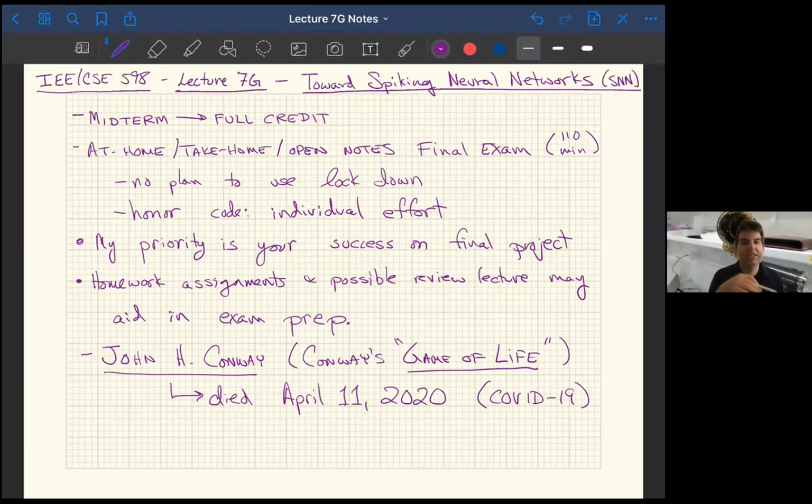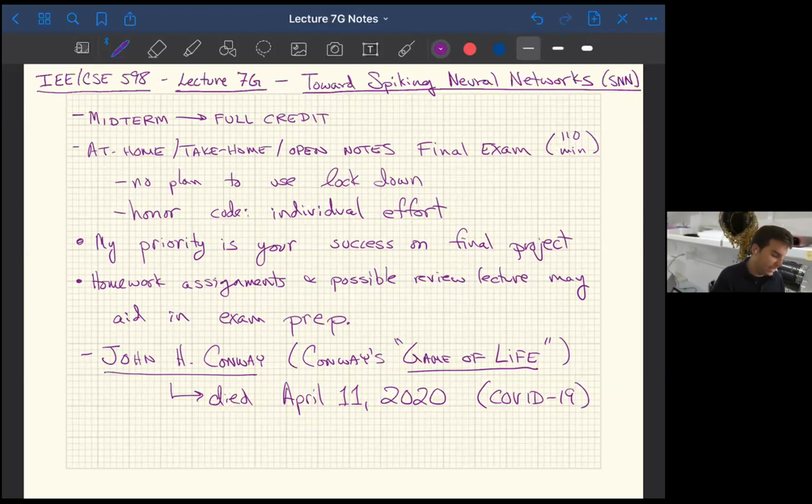I never talked to John Conway directly. I did sit in a lecture of his, and he was a very unique guy. He was a big personality, and he had an interesting way of thinking about math and its utility.